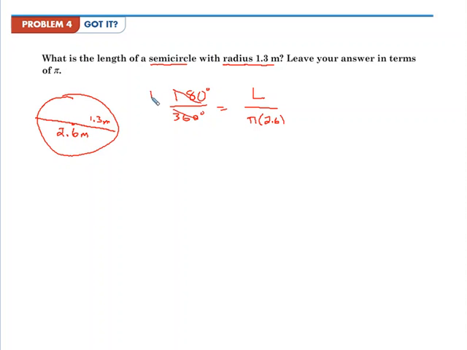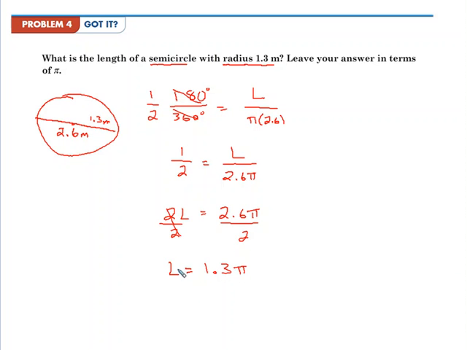And so this represents the fraction 1/2. So my equation is 1/2 equals the arc length divided by 2.6 pi. Cross multiplying, 2 times L equals 2.6 pi. And I'm going to divide both sides by 2. And over on this side, 2.6 divided by 2 is 1.3. So I can leave the answer as 1.3 pi meters.